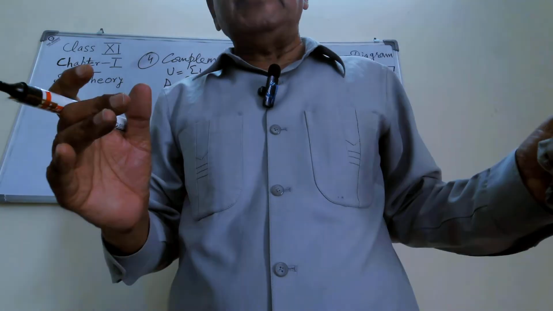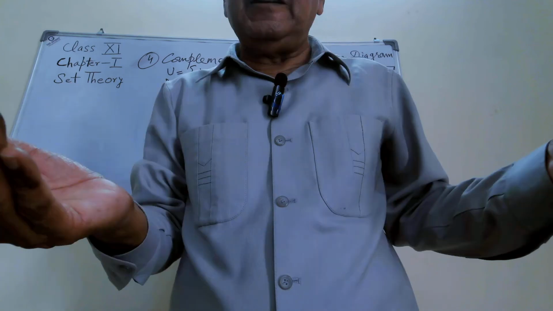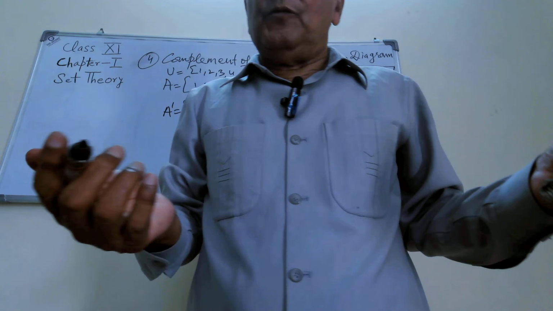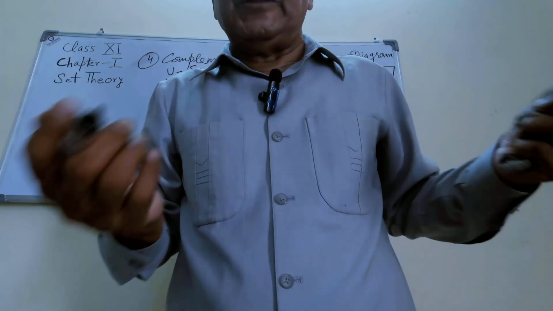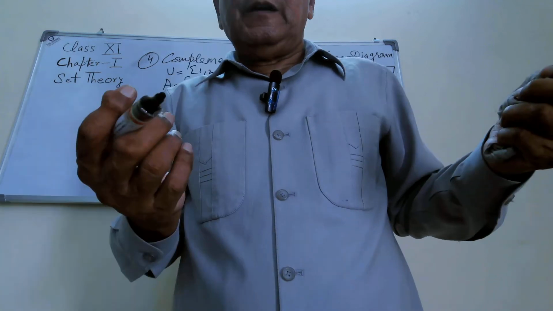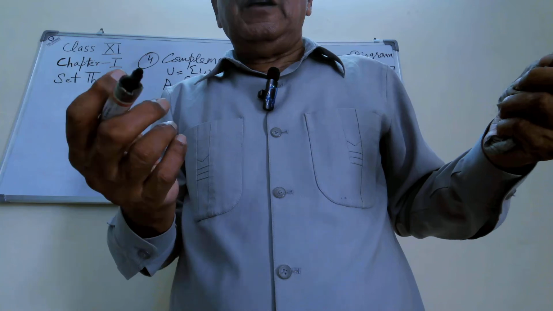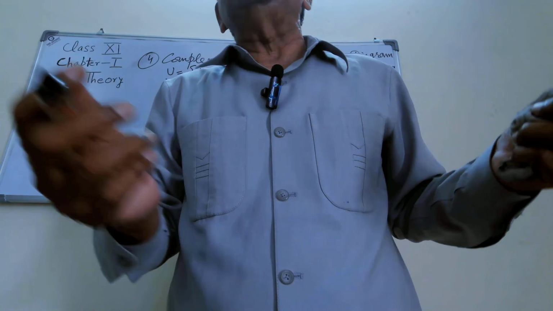In complement set, you will have a universal set, then one set is given to you and you have to find out the complement of that set. So the complement of that set is the elements which are not in A but in U.